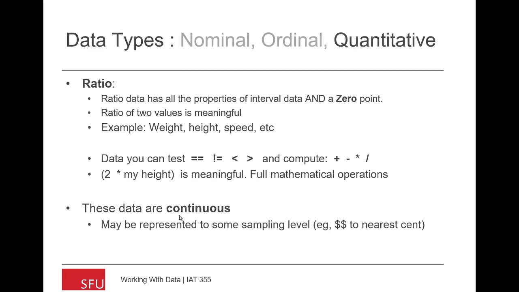But more important for our discussion today is that there's a range of mathematical things that you can do with ratio data, with real ratio-enabled quantitative data, that you can't do with interval data. One little proviso: it might be the case that you could do multiplication for continuous values, but it might in the machine be represented to some sampling level. So think about money, for example.